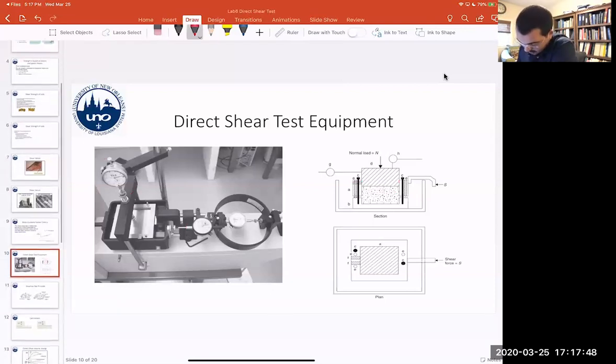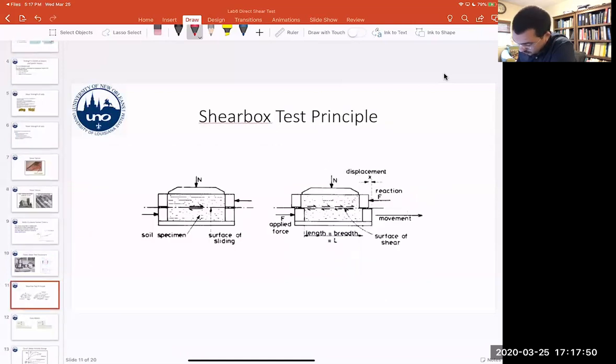And for a better view, this is basically what's going on. You're applying a normal load at the beginning of the test, and then you are shearing the sample, and this is the surface of sliding that you're failing the sample across.